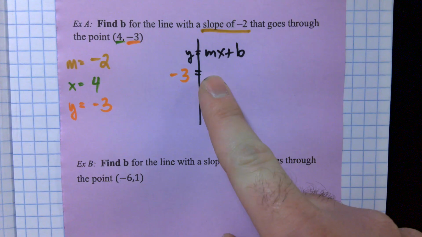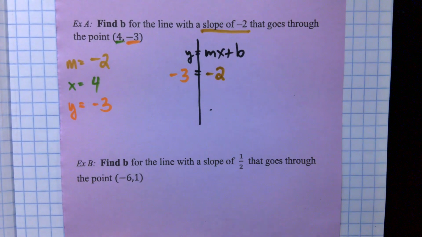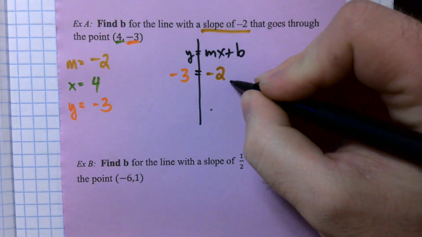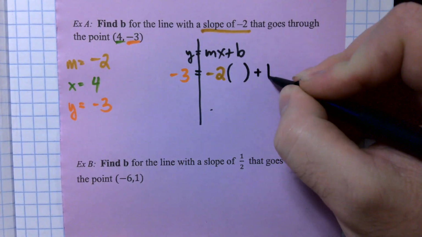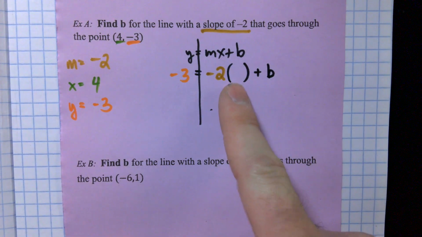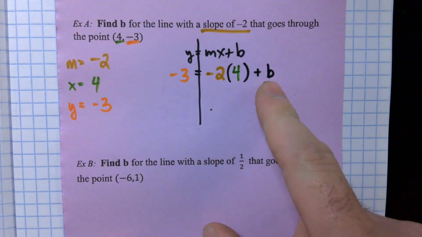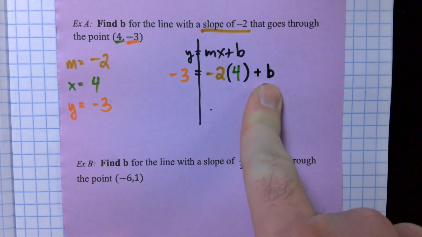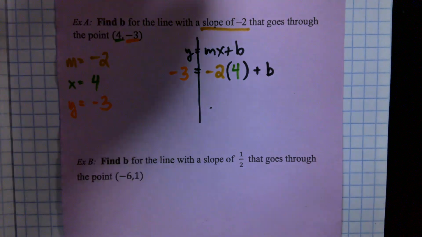What am I going to plug in for M? Negative 2. I'll put some parentheses on the back because I'm multiplying. And what am I going to plug in for X? 4. What am I going to plug in for B? I'm going to leave it. That's what I'm trying to find.